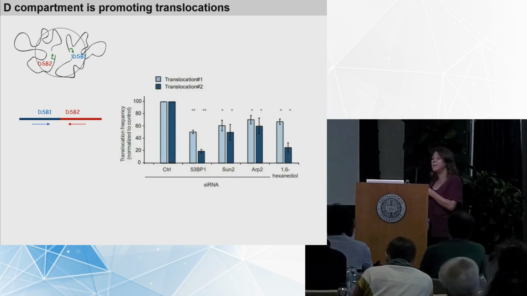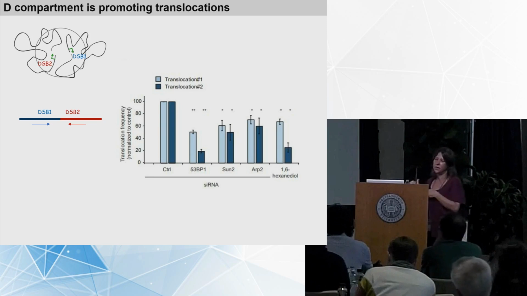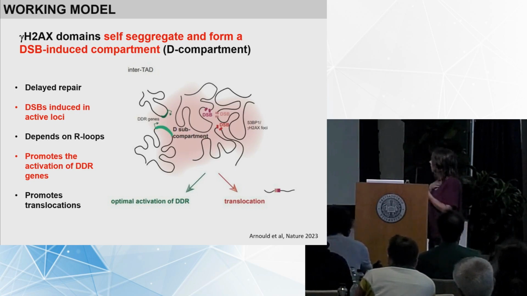And when we decrease the clustering, which is the case when we do siRNA against 53BP1, SUN2, ARP2, we decrease the translocation frequency. So that's currently our working model for that.